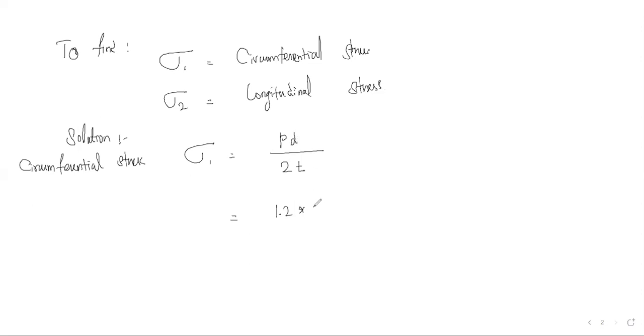So d is nothing but 1470 divided by 2 into thickness of wall, that is 15 mm. So 1.2 into 1470 divided by 2 into 15. So it becomes 58.8 Newton per mm square.